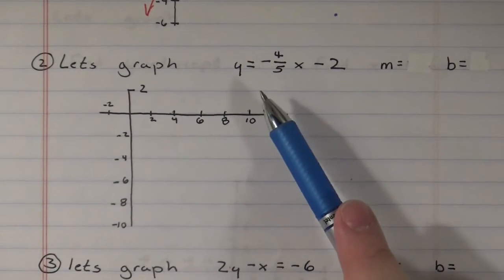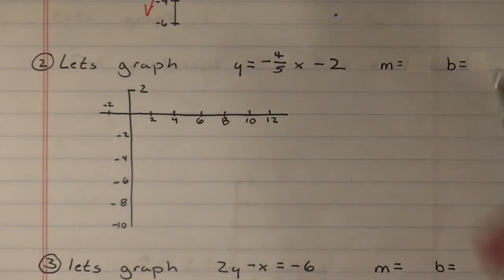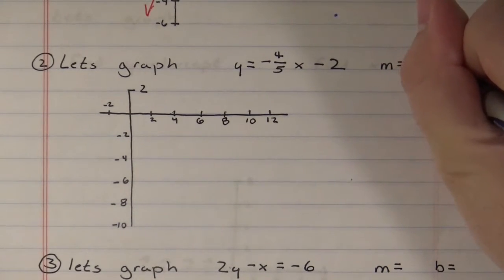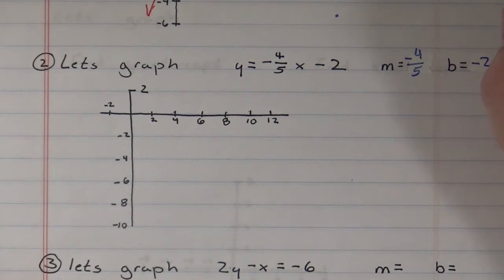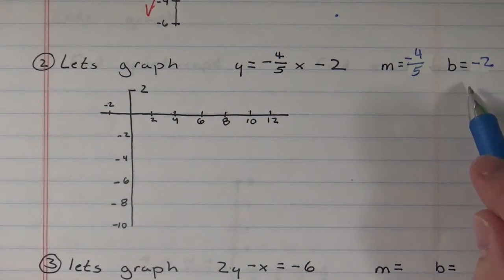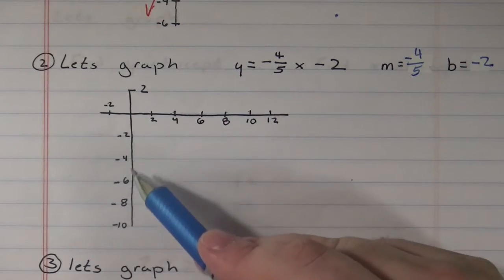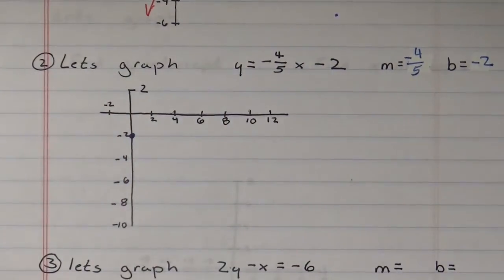We have y equals -4/5 x minus 2. Well, what's my slope? It's going to be -4/5. What's my y-intercept? -2. All right, so what do I do first? Well, the first thing I got to do is plot my y-intercept, which is -2. So I come to my y-axis, I plot -2 right there.